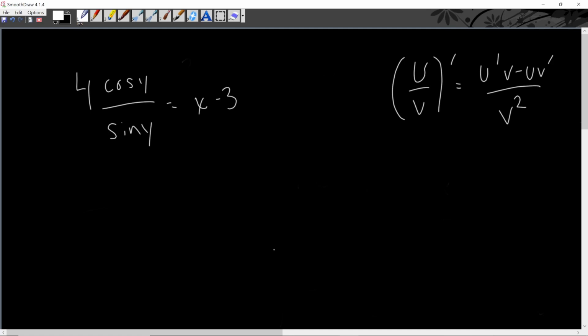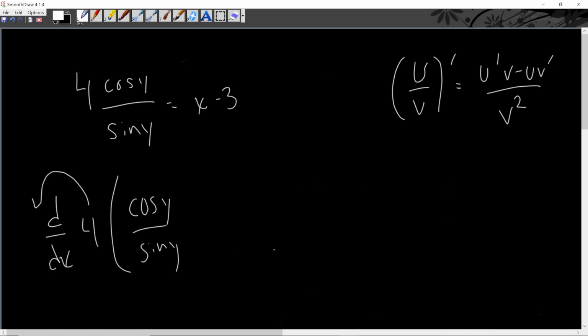So in this case, we're going to be doing d/dx of 4 cosine y over sine y. So we're just going to bring that 4 out front. It is a constant, so it's not going to affect our derivative. 4 times d/dx, because we have to do this d/dx to both sides.